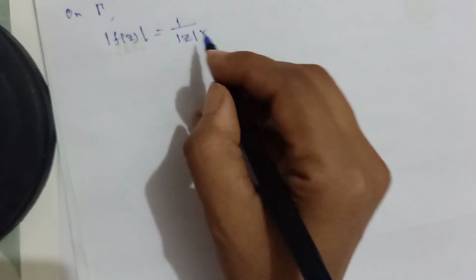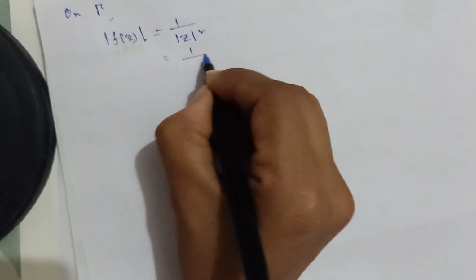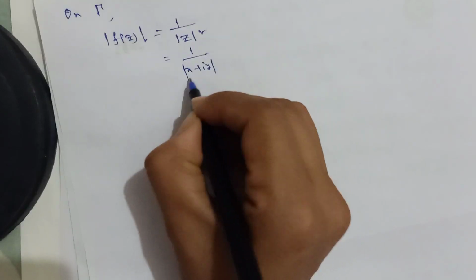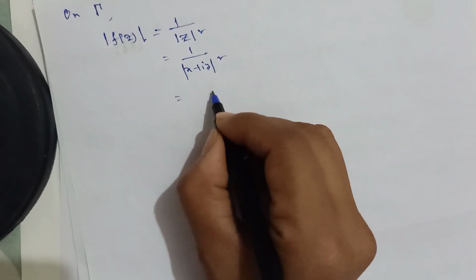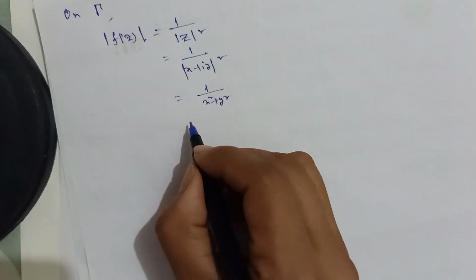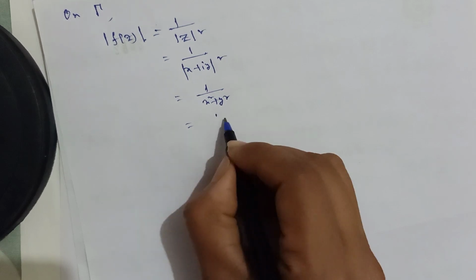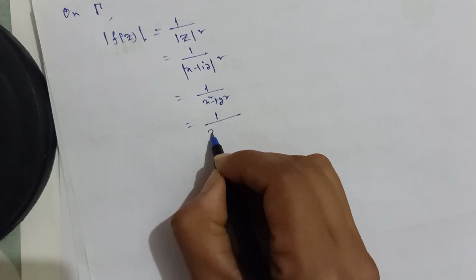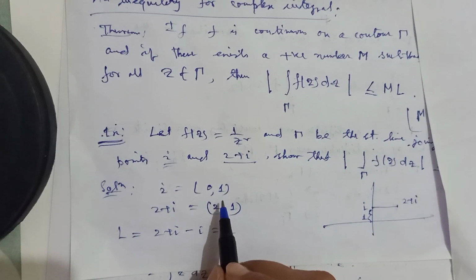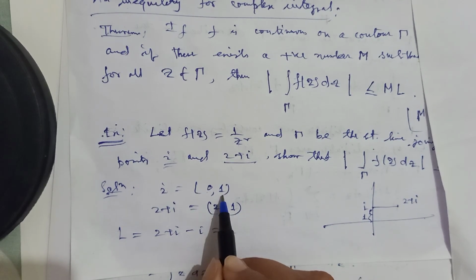So here mod of f(z) equals 1 by mod z square, that is 1 by, z equals x plus iy, so that is 1 by x square plus y square, equals 1 by x square plus 1, because here the points are (0, 1) and (2, 1), so the ordinate is 1, so y is 1.